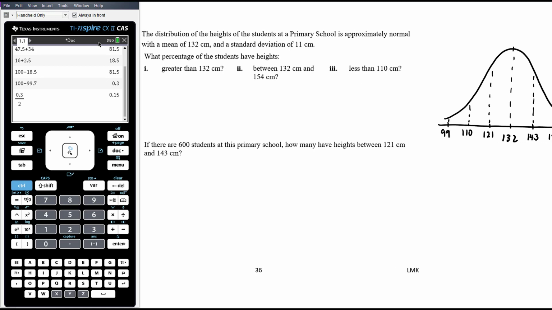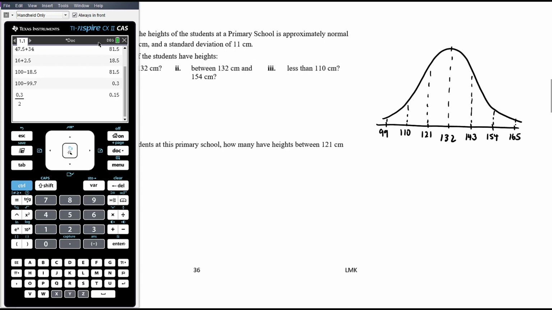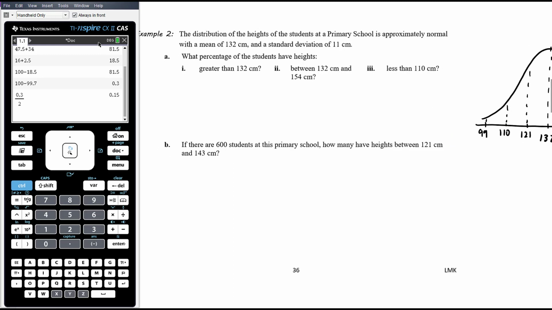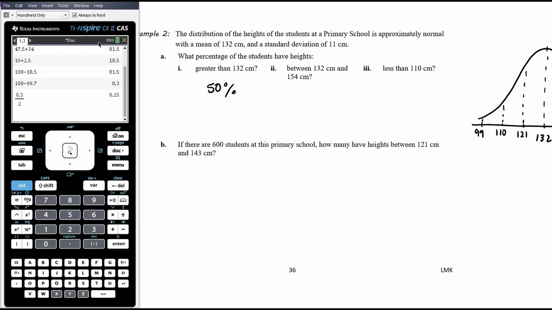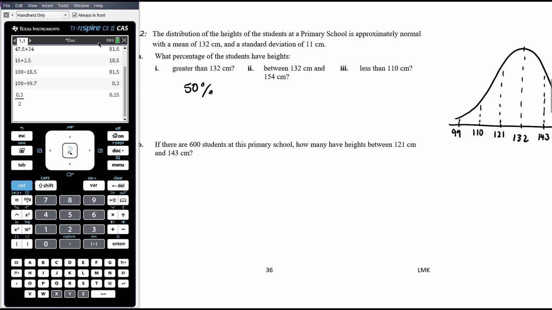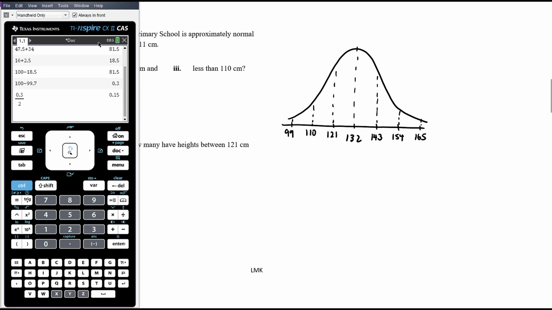So part 1, what percentage of students have heights greater than 132? Well, 132 is the mean, so there'll be 50% above there. So 50% of students will have heights greater than 132 centimetres. Part 2, what percentage of the students have heights between 132 and 154? 132 is the mean, and 154 is 2 standard deviations above the mean.